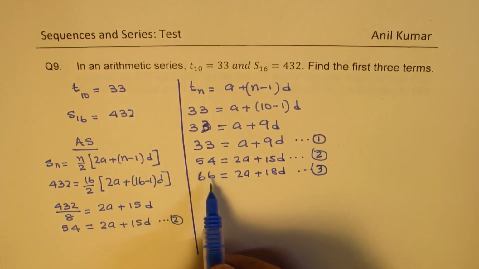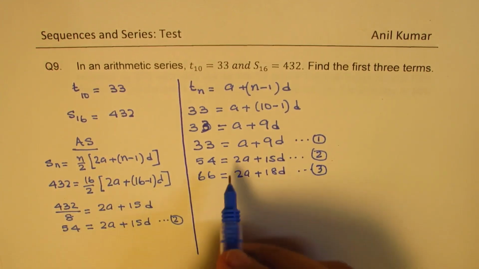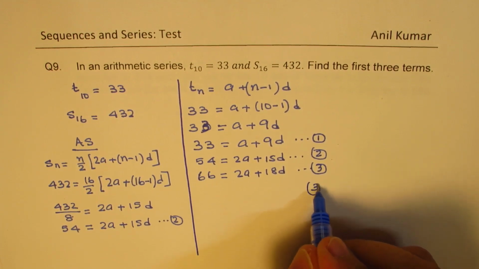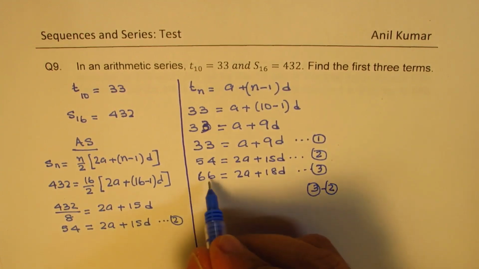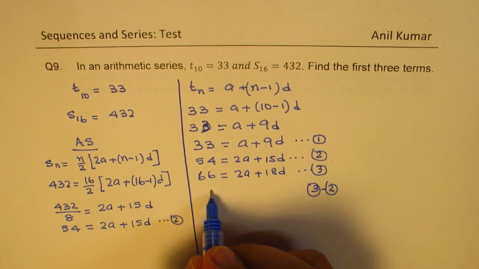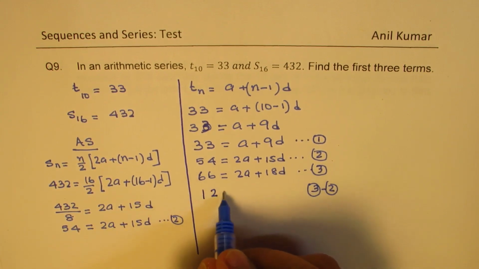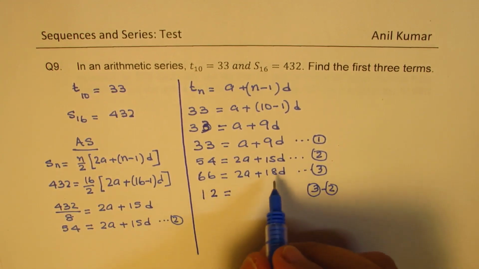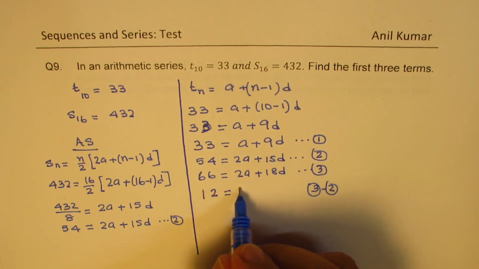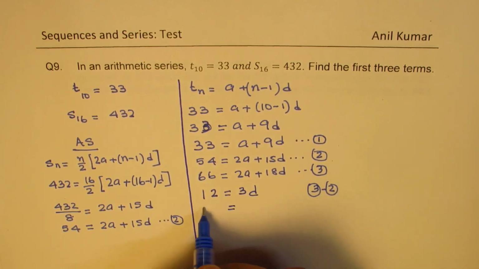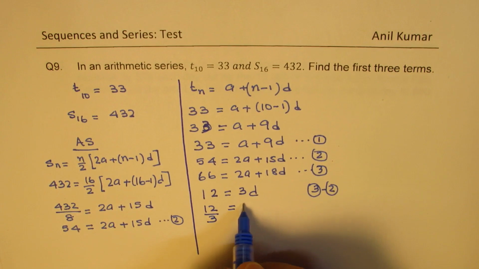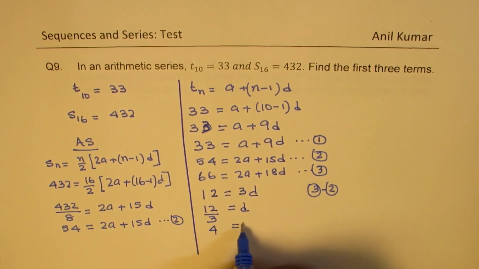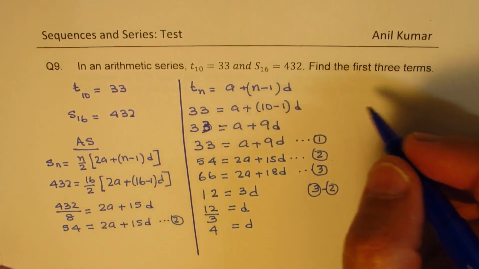Now if we subtract one from the other, equation 3 minus equation 2, we get 12 equals, 2a cancels, and 18 minus 15 is 3d, or we get 12 divided by 3 as d. So d is 4 for us. We have the value of d, which is 4.